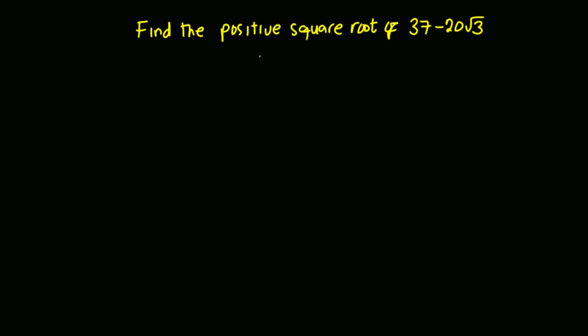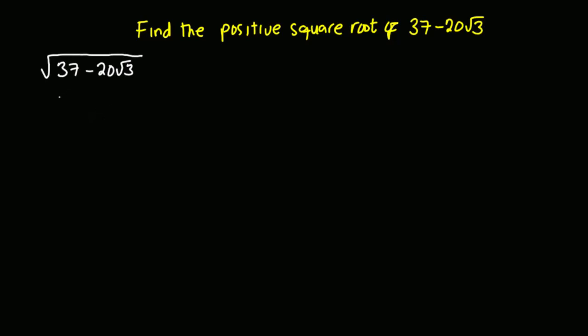Okay, so finding the positive square root of 37 minus 20 root 3 simply means that we are to find the square root of 37 minus 20 root 3. Sounds complex, right? But at the end of this video you realize that it is not all that complex.